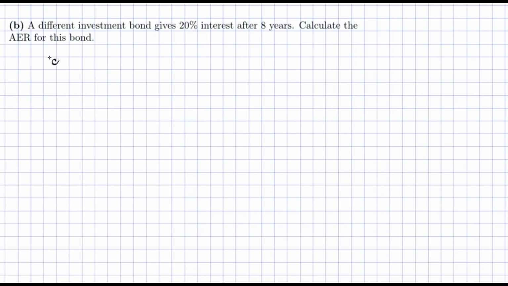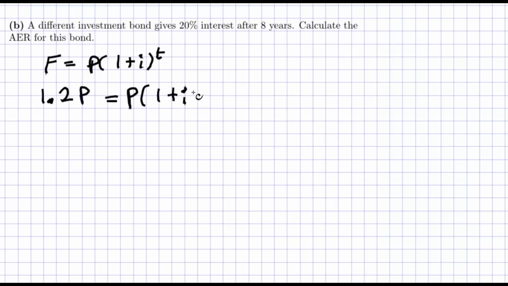So if we look at our formula, F is equal to P times (1 plus i) to the power of t, we know that F is 20% higher than P, so that is the same as saying 1.2P is equal to P times (1 plus i) to the power of t. The 1.2 means it's the initial value of P plus another 20%, so we're adding on a 0.2.